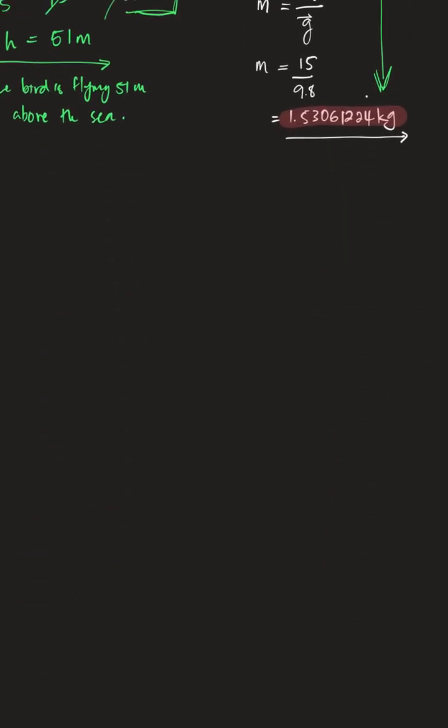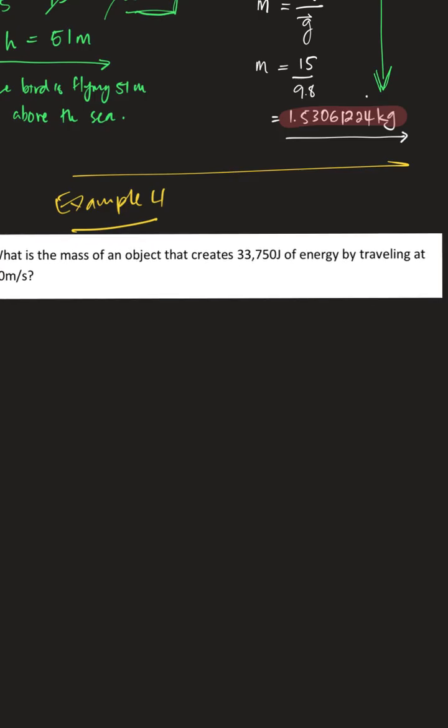Ooh, let's do this here. And let's say example 4. All right, if we have a look at example 4, it says, what is the mass of an object that creates 33,750 joules of energy? It's traveling at 30 meters per second.